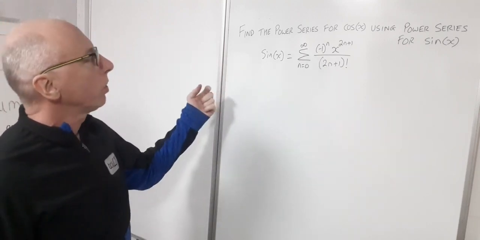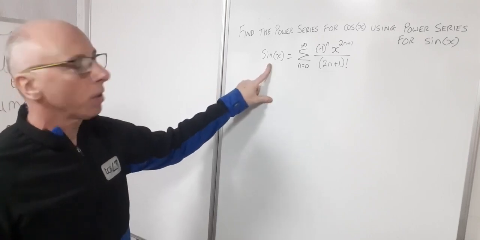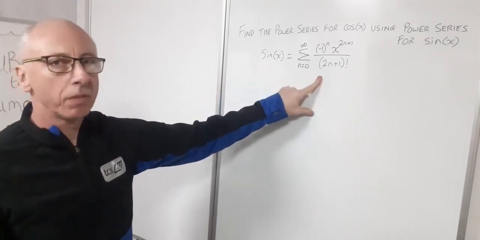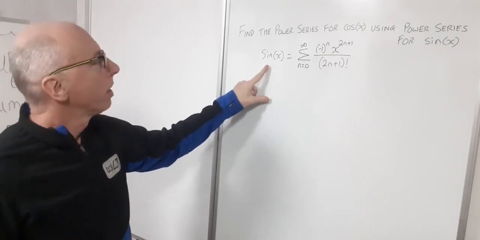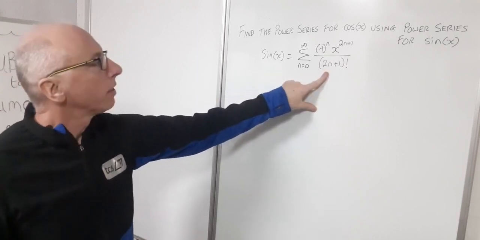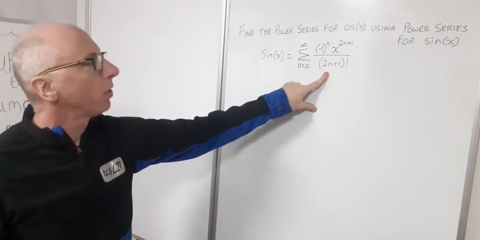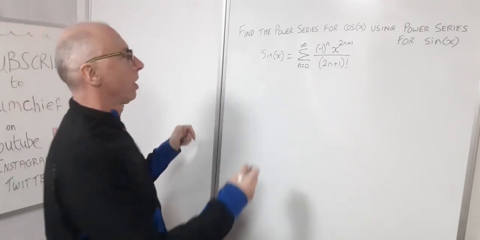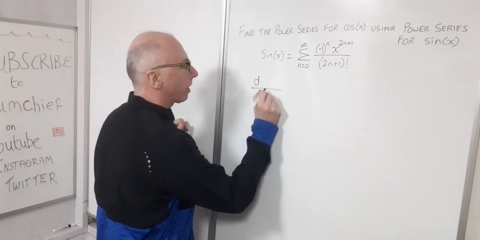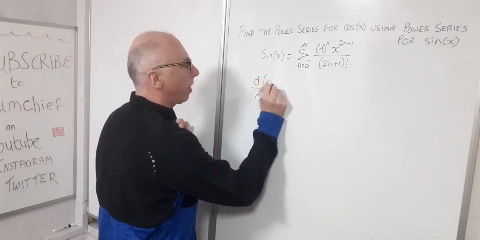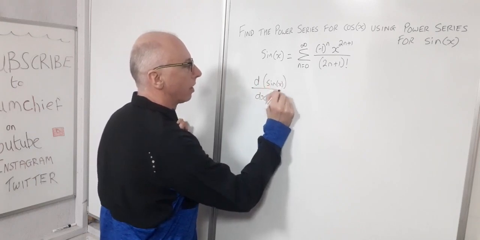Now what we're going to do to find the power series for cosine is take the derivative of this. The derivative of sine we know is cosine. So if we take the derivative of this, this should give us the power series for cosine. So let's write down here d/dx of sine of x.